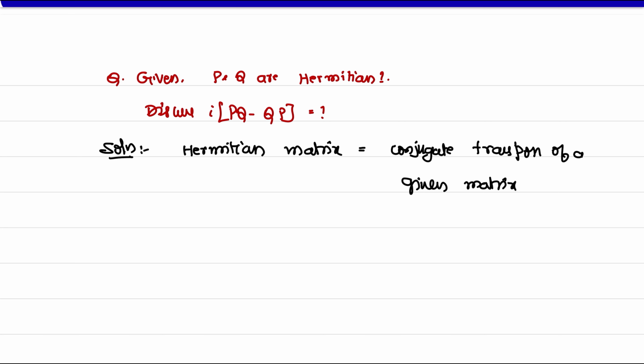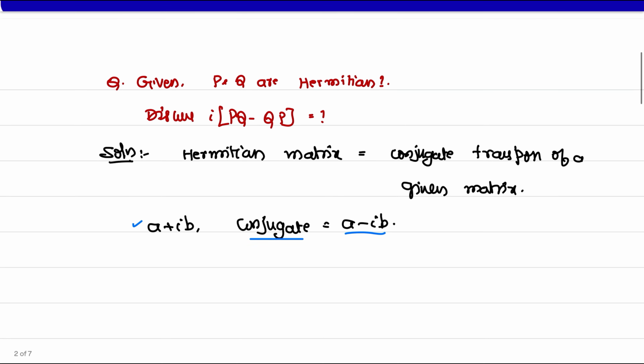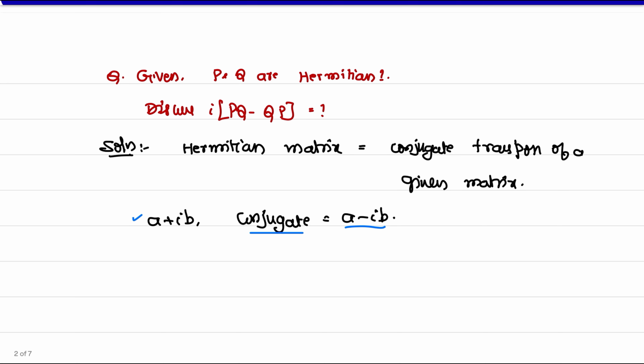For example, a matrix has an element a plus ib. Then what is the conjugate? The conjugate is a minus ib in the complex plane. This is the conjugate. And for each and every element in the matrix, conjugates have to be made.